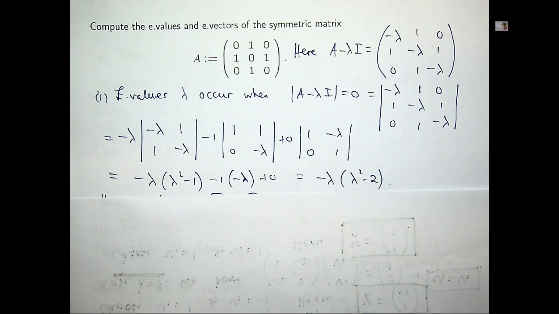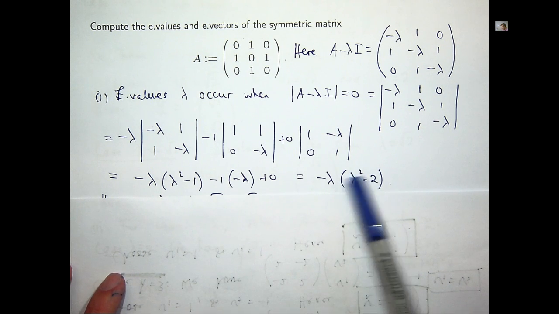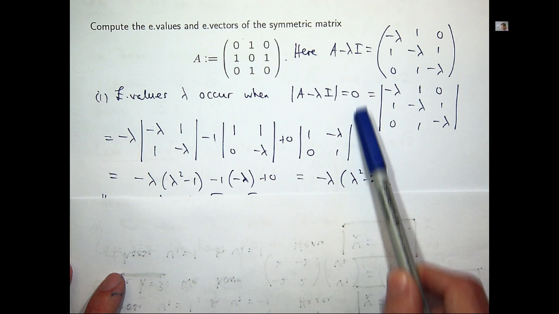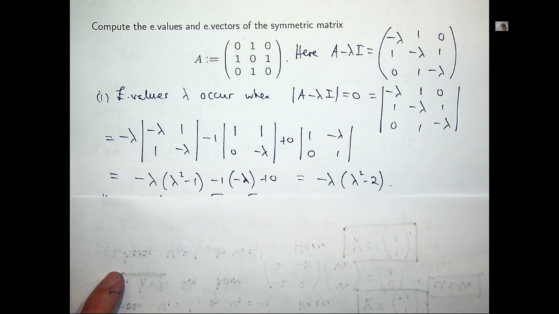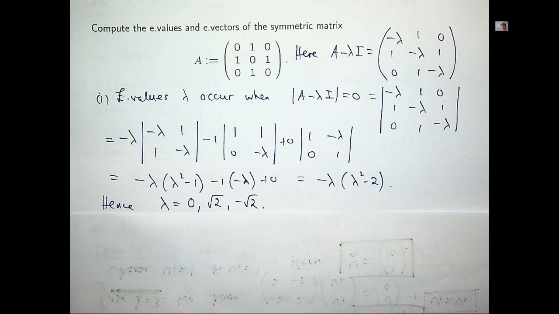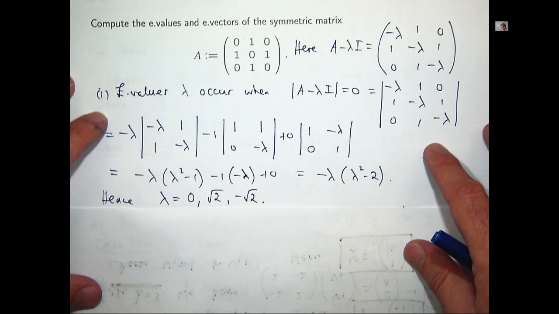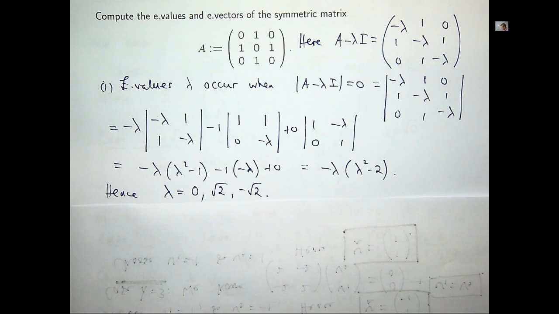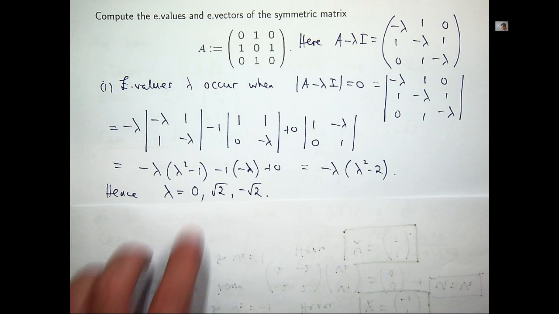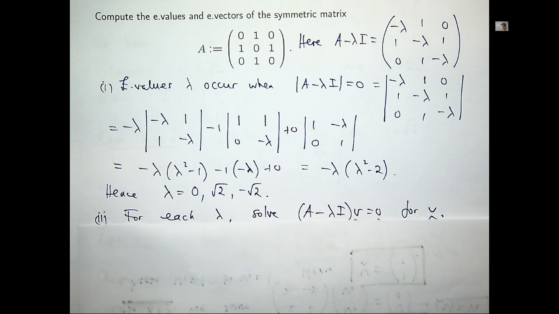Now you can simplify the algebra there, and I'll get some sort of cubic, and I can just see, well, remember this thing's equal to 0, so lambda equals 0, well, lambda squared minus 2 equals 0. So I'm going to get 3 eigenvalues. So now what I've got to do is discuss each case separately and find the eigenvector that corresponds, or an eigenvector that corresponds to each of these values.